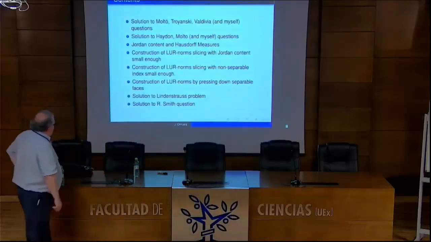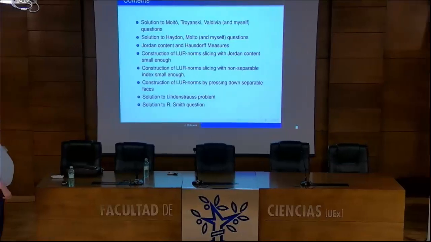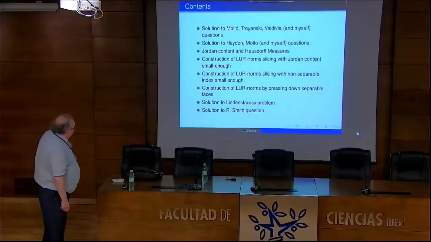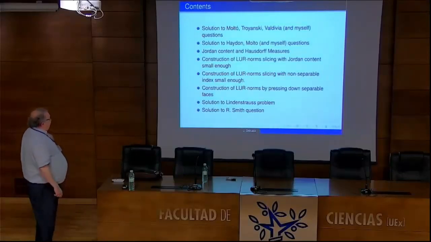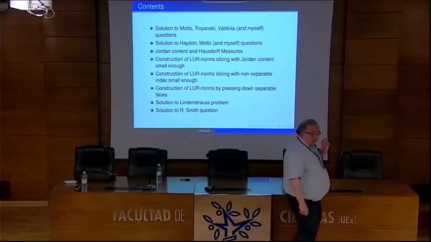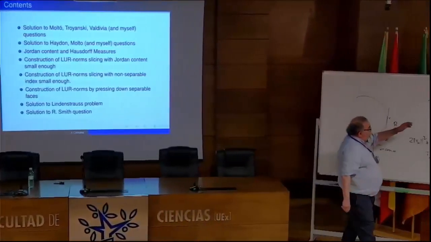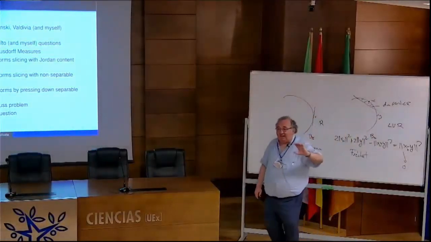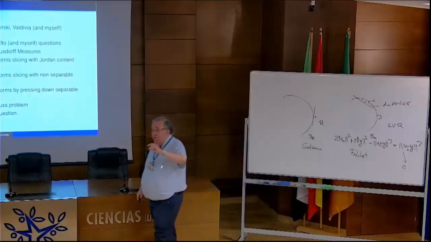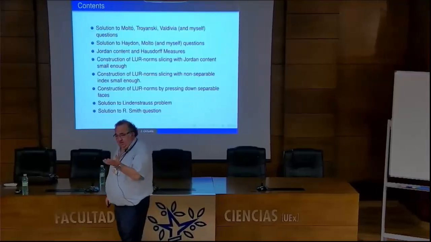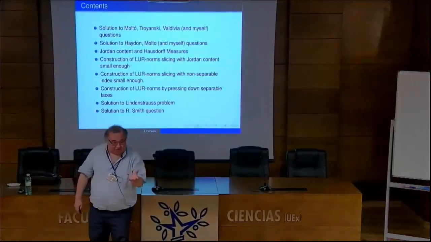So the context is solutions to Moltó-Troyanski-Valdivia questions, solutions to Haydon-Moltó questions. We are going to talk about Jordan content and Hausdorff measures, because here we are working with the diameter. The diameter certainly is a way to measure the size of the set, but there is another measure of size.